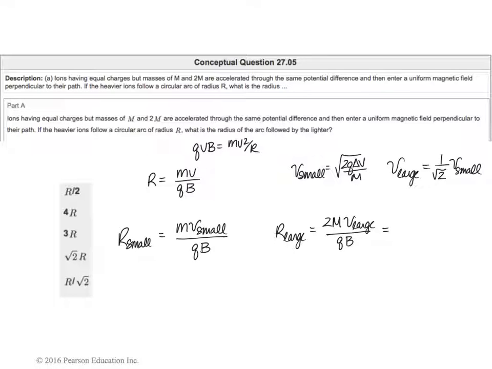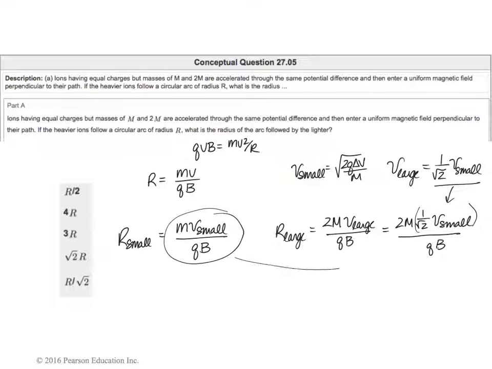But then I can substitute in this expression, so I can write 2m, 1 over the square root of 2, velocity of the small particle, over qB. So all that I've done is I've substituted in for the velocity of the large this expression. And so if I think about this expression for the radius of the small particle, I notice that those terms are in here.